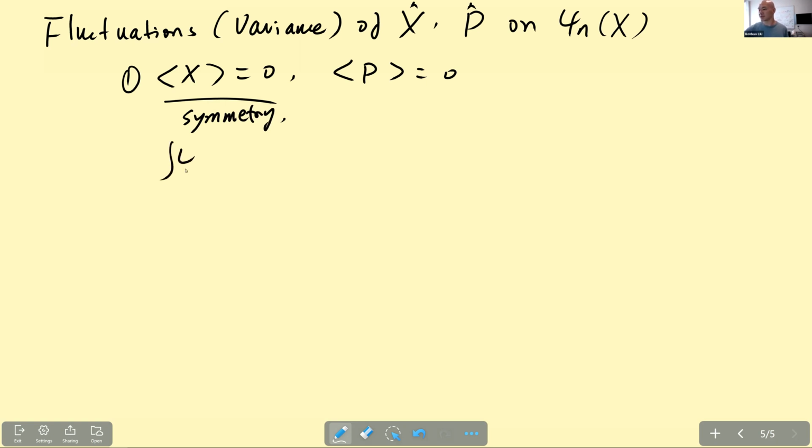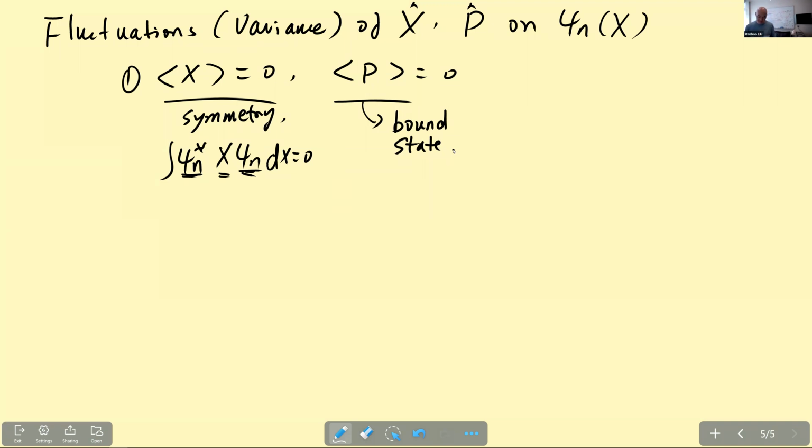Because you have state m, so this is an even or odd function. So this is an even or odd function. So even times even is even. Odd times odd is also even. And this one is odd, right? So if we do the integration, this must be 0, right? And this one, remember, comes from the fact that it is a bound state. So if I have a bound state, the average of the momentum must be 0. Okay.